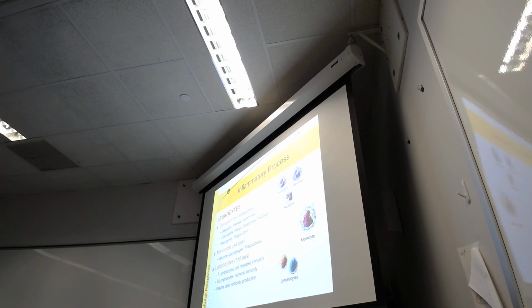And then after that, we have lymphocytes that come in 7 to 10 days later. Those will include T and B lymphocytes, and that's for a very specific kind of response of the immune system as a component of this. So granulocytes, monocytes, and then lymphocytes.